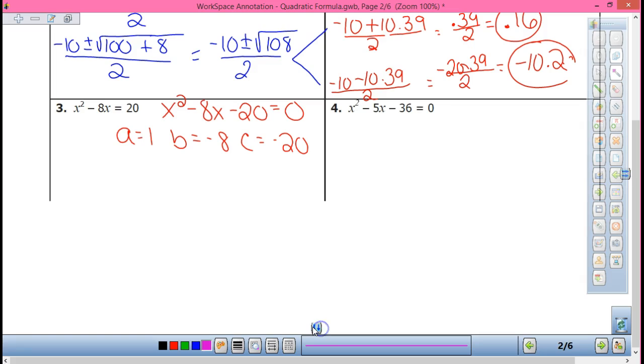All right, so negative B. 8, yep, so it's actually the opposite of B. So B is -8. The opposite of B is 8. Plus or minus the square root of B squared? 64. Now, I will let you do the next step. So you could go 4 times 1 times -20, -80.